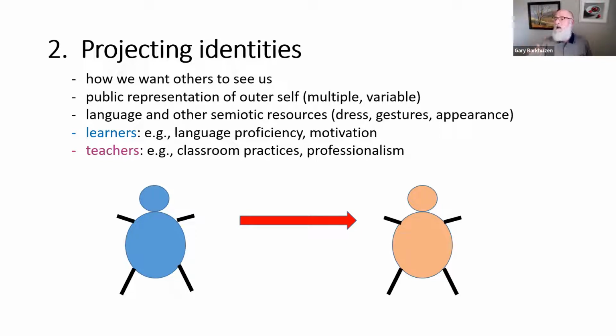This is the public representation of the outer self, these multiple, and they're variable, of course, as I said early on at the beginning.